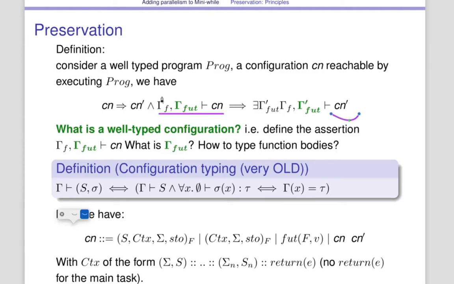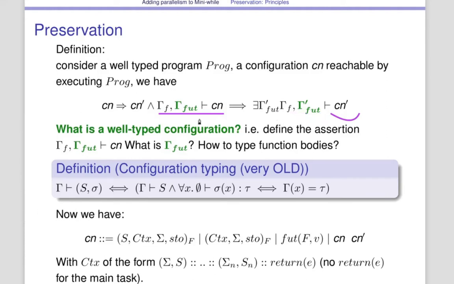What is the right environment for proving that? Here I used a couple of two things, which is gamma f and gamma fut. Gamma f is, as you could imagine, the set of typing of functions, and gamma fut is information on typing on futures. So that's new and can evolve, you see, during the reduction.